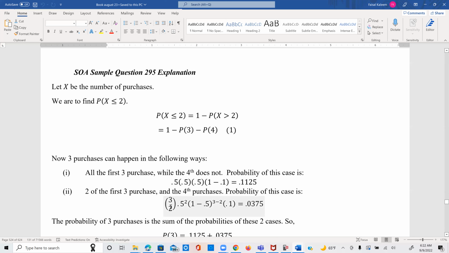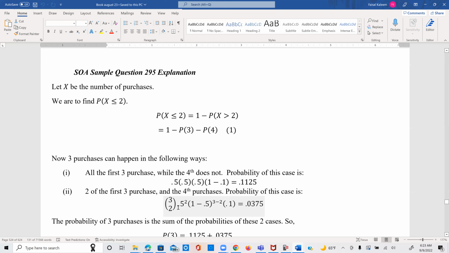So it's 3 combination 2, 0.5 power 2, 1 minus 0.5 power 3 minus 2. This first part is binomial. And the fourth purchases, and 'and' means multiplication, and the fourth purchase probability is 0.1. So you multiply this binomial expression by 0.1 for the fourth one.